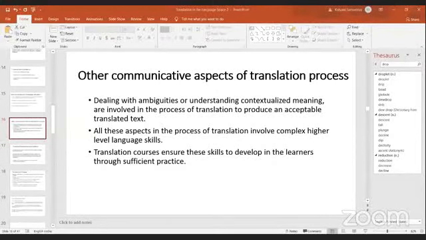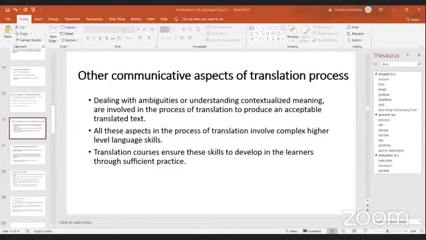So while one is dealing with ambiguities, since language is a case of ambiguities, there is no language production which is without ambiguity. So unraveling and dealing with ambiguities, processing ambiguities in a connected, contextualized text, while trying to translate that text from one language to the other.